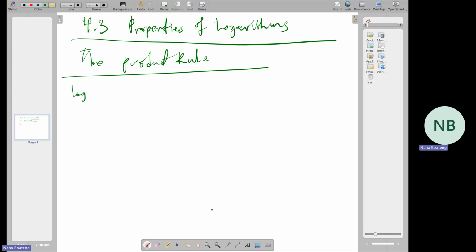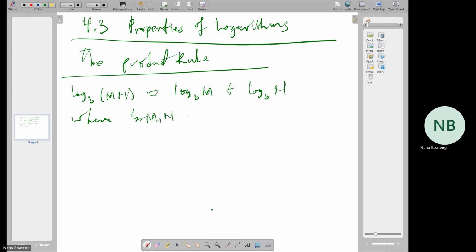It says log to the base b of m multiplied by n is equal to the log to the base b of m plus log to the base b of n, where m, n, and b are positive real numbers, and b is not equal to 1.